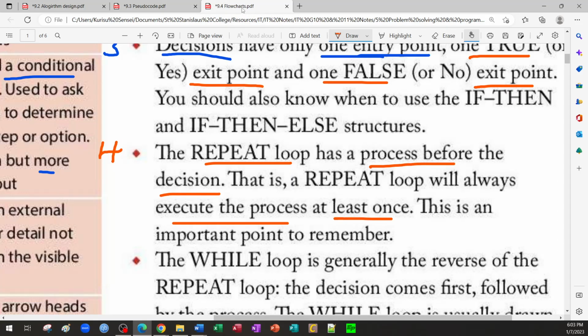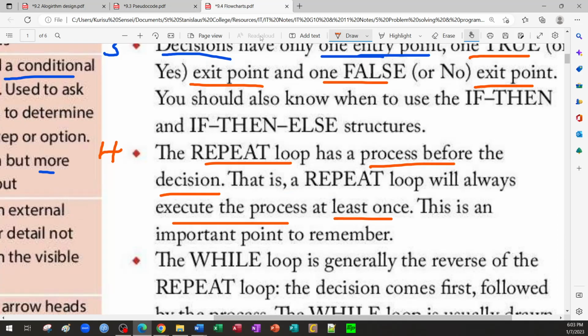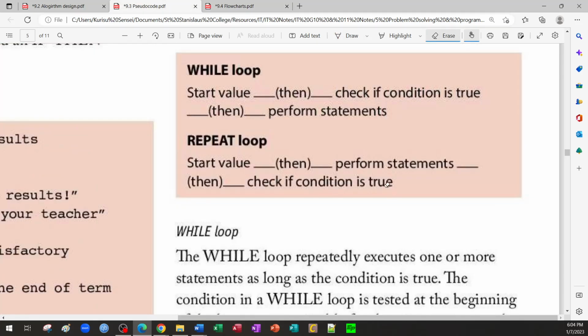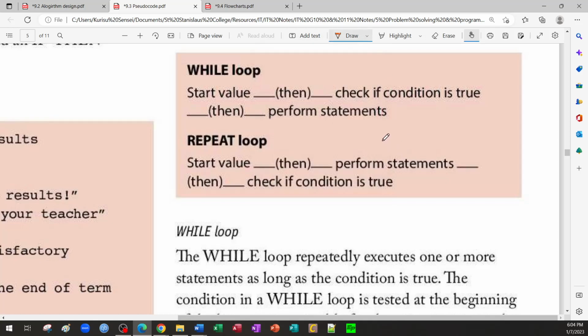So whether we're using the repeat loop in flowchart or in pseudocode, the differences are the same. So this is the difference here. One difference is that the process is before the decision. Notice here, repeat, process, the process is before the decision.